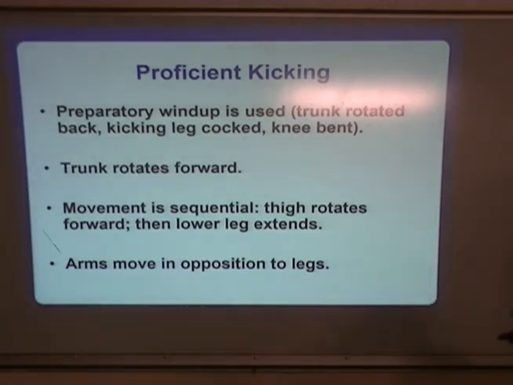So, the more practice I get, then the better I get at kicking.